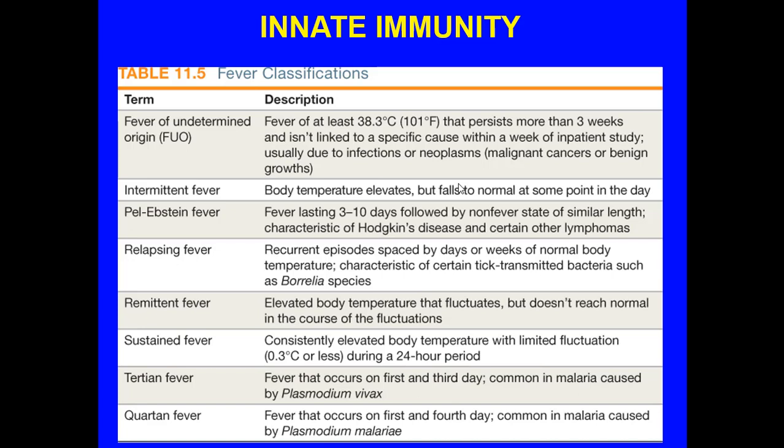Relapsing fever is usually recurrent episodes spaced by days or weeks. Characteristic of certain tick-transmitted bacteria such as Borrelia. Okay. Remittent fever, elevated body temperature that fluctuates but doesn't reach normal in the course of the fluctuations. Sustained fever, consistently elevated body temperature with limited fluctuation during a 24-hour period.